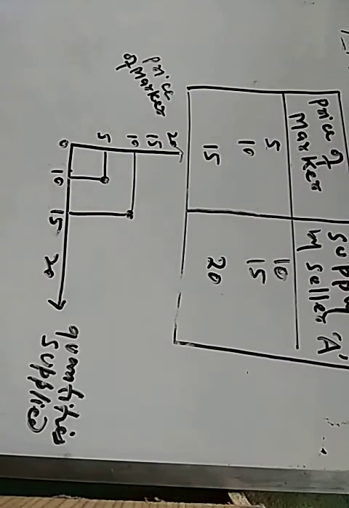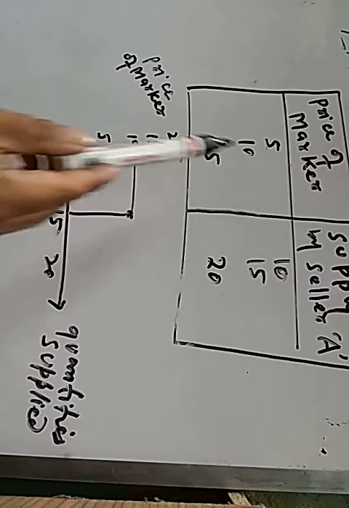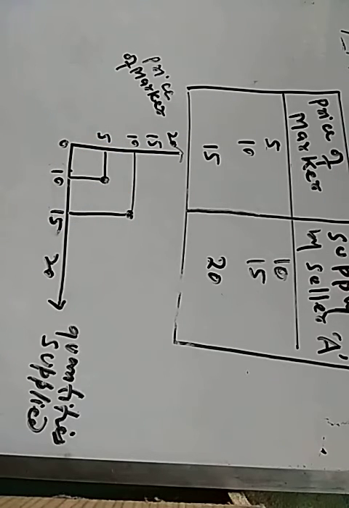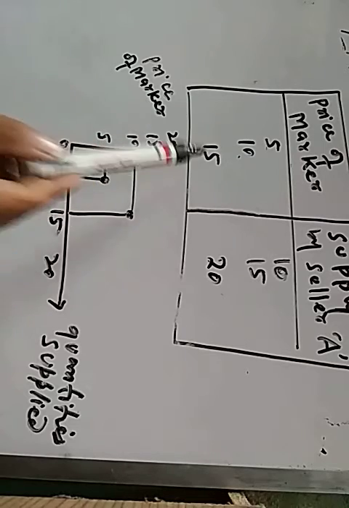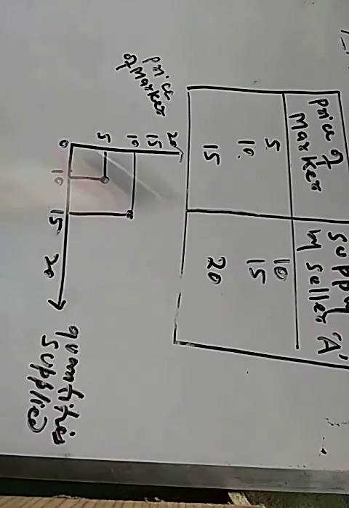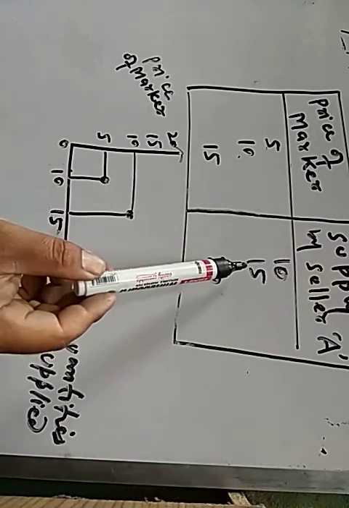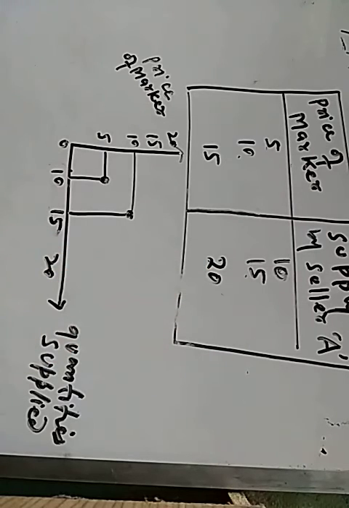If there is again an increase in the price of the marker from 10 rupees to 15 rupees, the supply will also increase from 15 to 20 units.